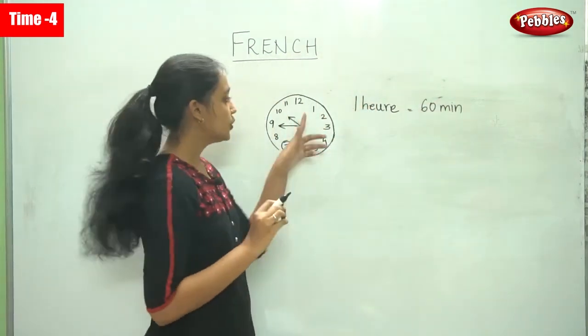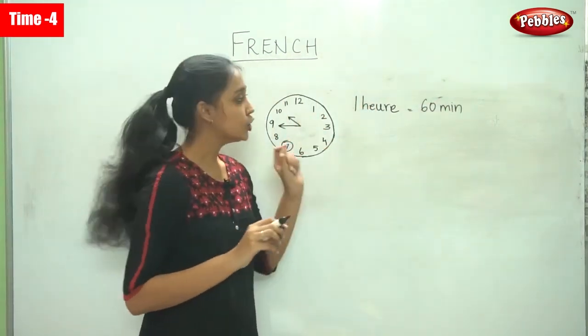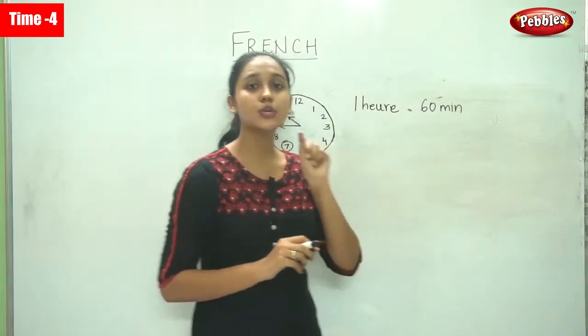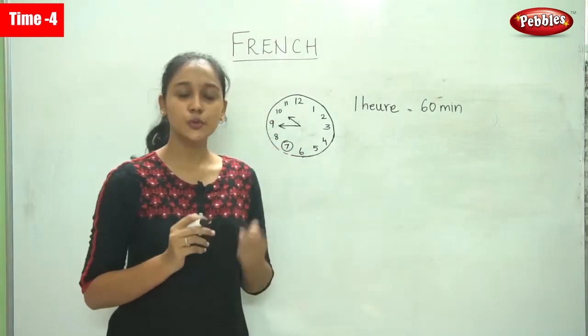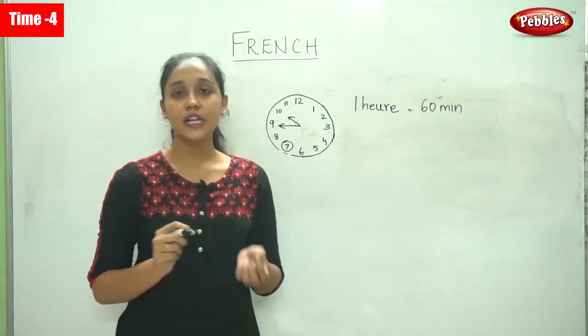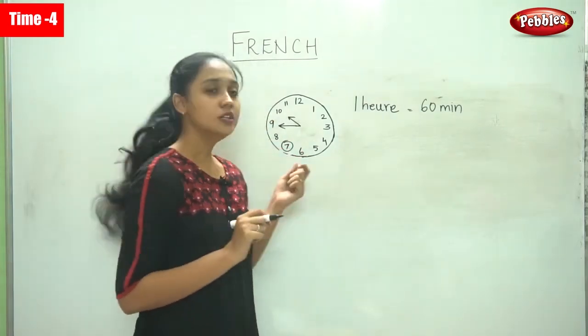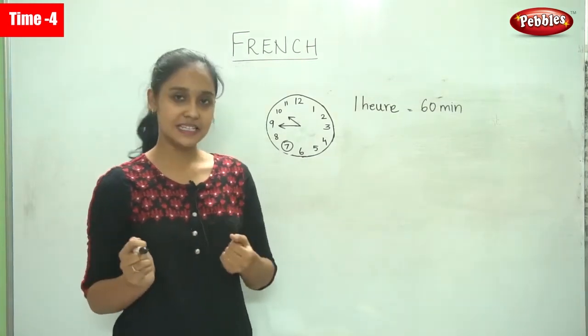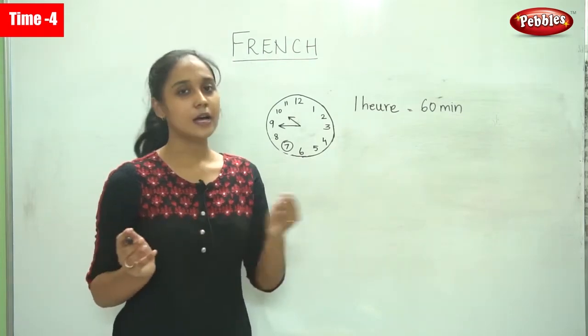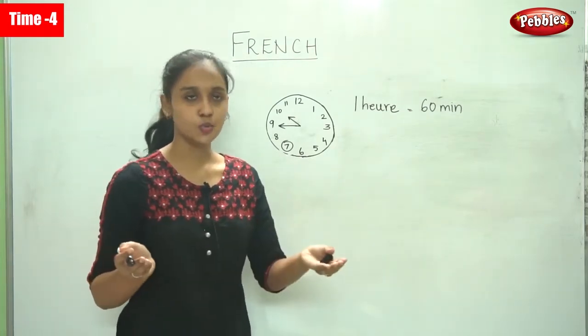So to say the time correctly, you must know numbers up to 60. This is easy given that you know numbers from 1 to 20. If you know up to 20, 21 to 29 is easy. It is just 20 and 1, 20 and 2.